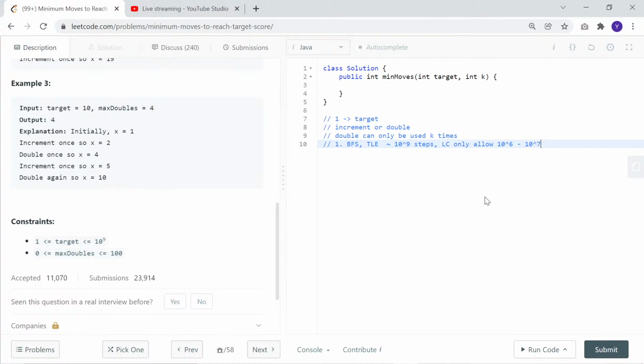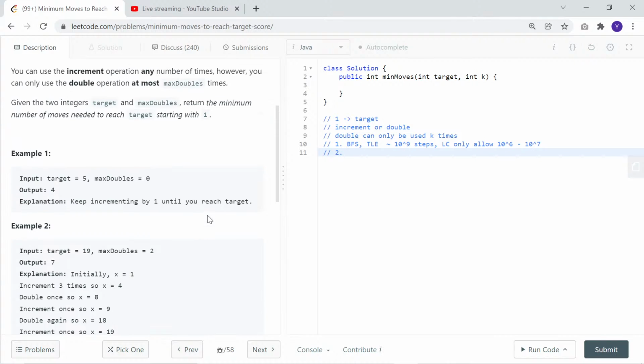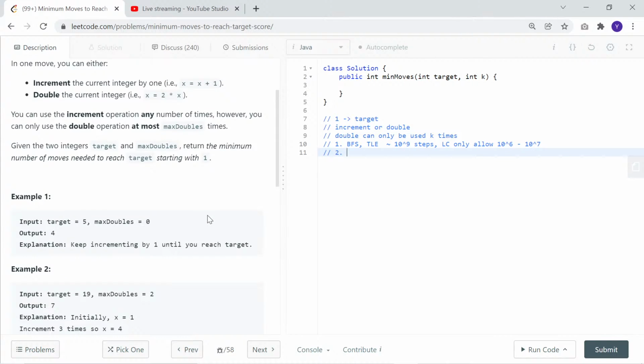So if your computation requires more than this number of steps, then it will cause the TLE. So then I'm thinking, how do I solve this question?